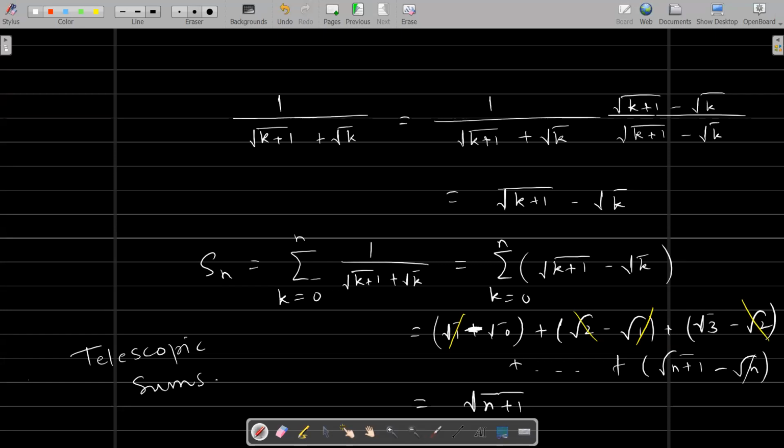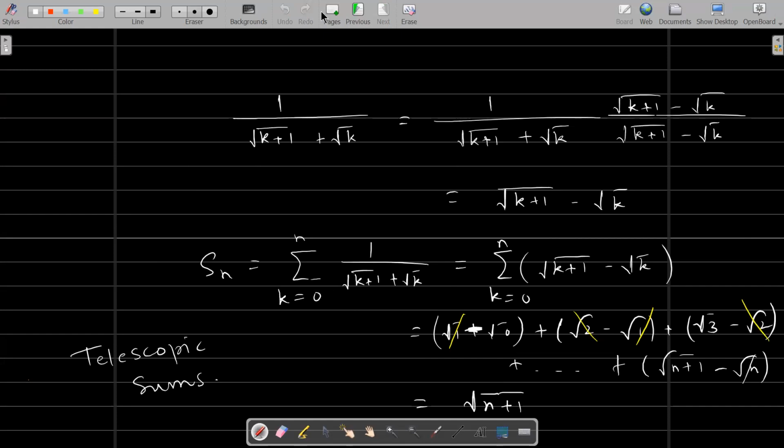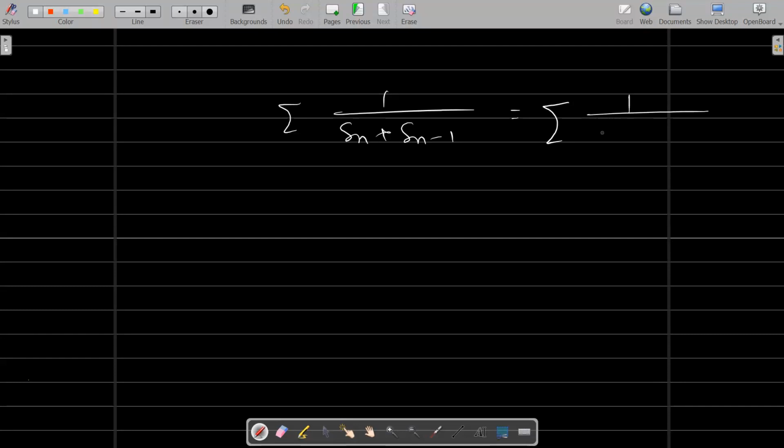Sn is root n plus 1. And therefore, what we want is 1 by Sn plus Sn minus 1. So the summation of 1 by Sn plus Sn minus 1. Summation 1 by Sn is root n plus 1, right?